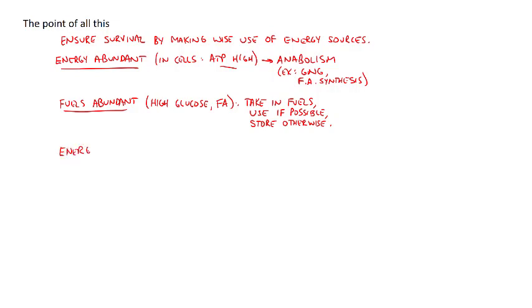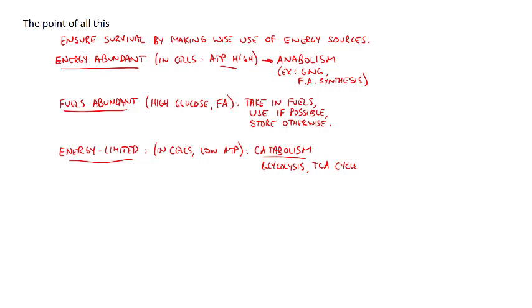If we are in an energy limited situation, so that means inside the cells you have low ATP, we need to do catabolism. So that could mean glycolysis, the citric acid cycle, beta oxidation.